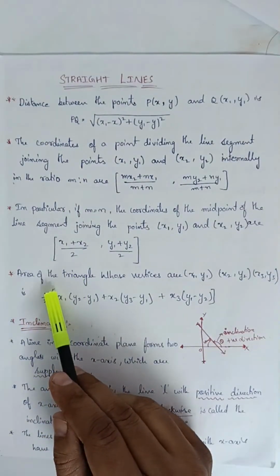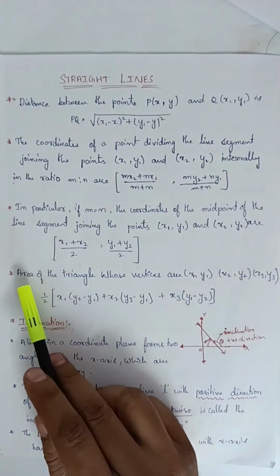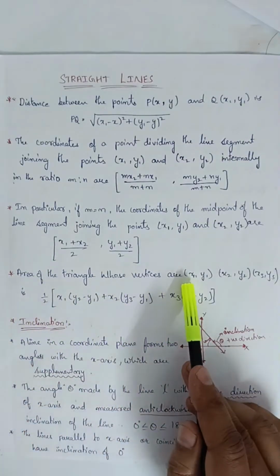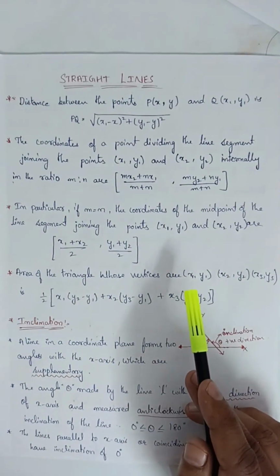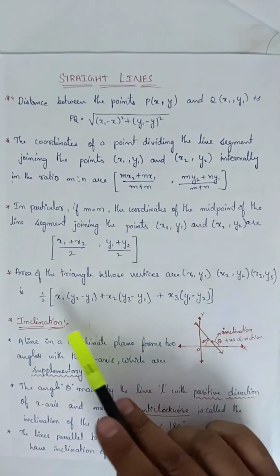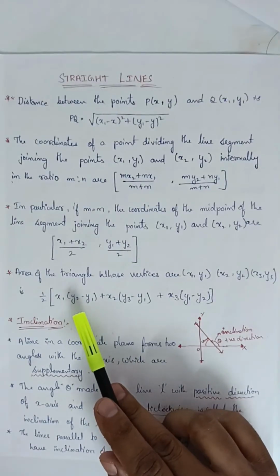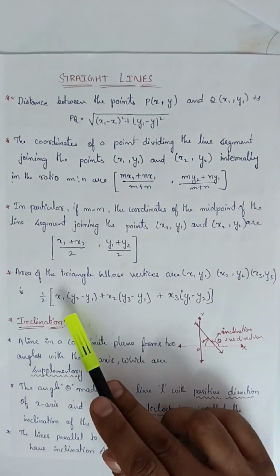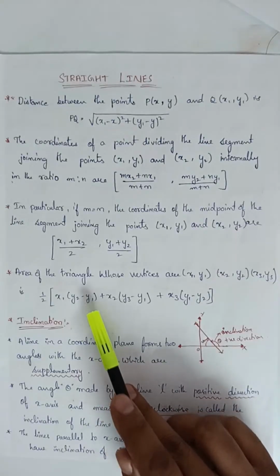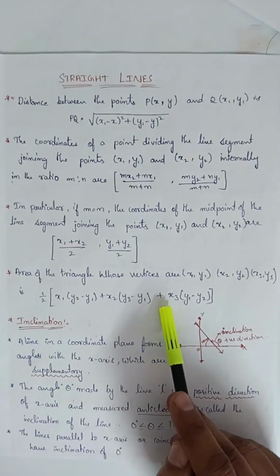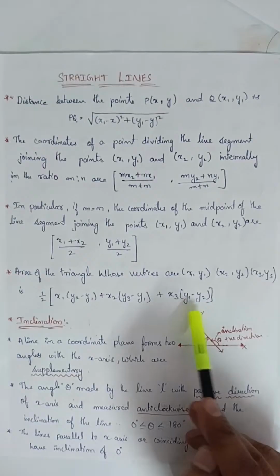And now I will take the last formula for straight lines. The area of a triangle whose vertices are x1 y1, x2 y2, x3 y3 is half multiplied by x1 multiplied with (y2 minus y3) plus x2 multiplied with (y3 minus y1) plus x3 multiplied with (y1 minus y2).